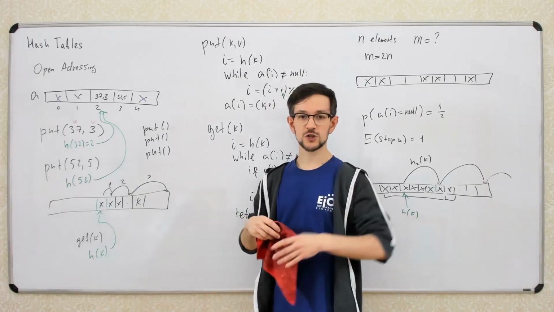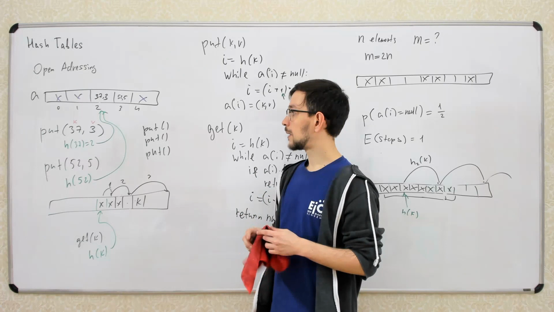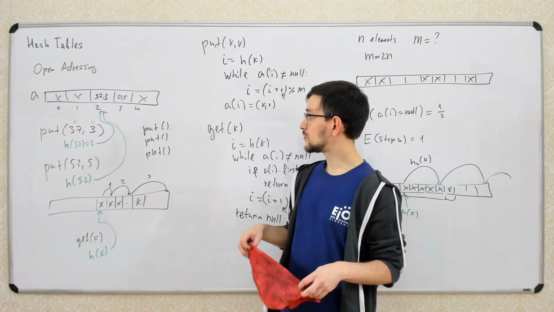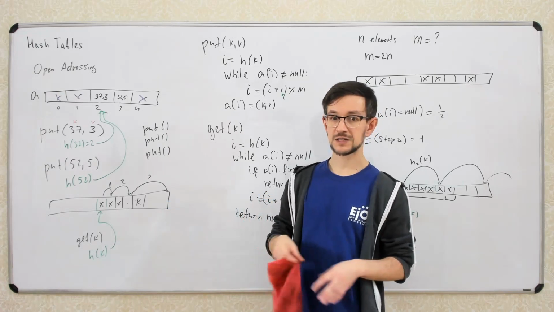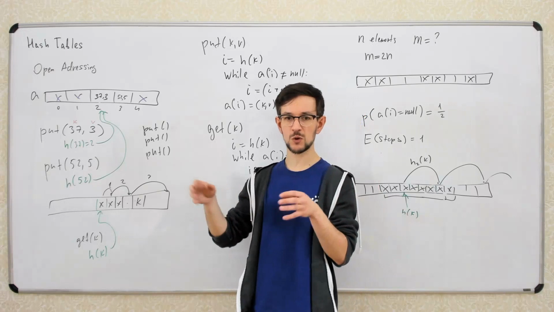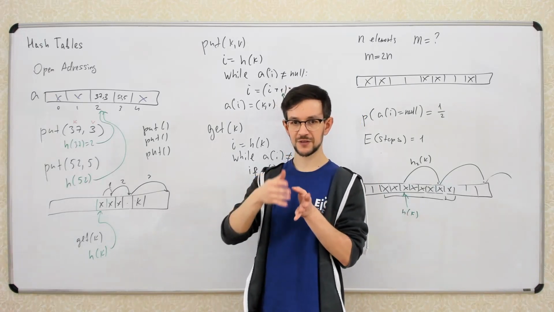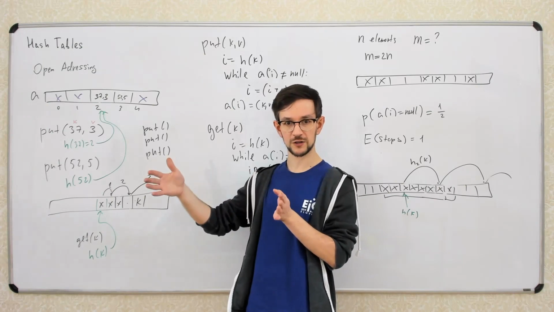And if your function is actually random, then everything is good. But what may happen? If you choose some random function from your set, starting from this point, everything is not random. So the only random point is when you pick your hash function. After this, everything is determined. So everything after this point is not random.